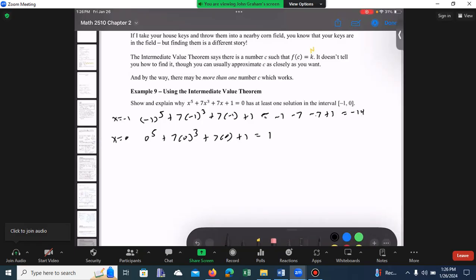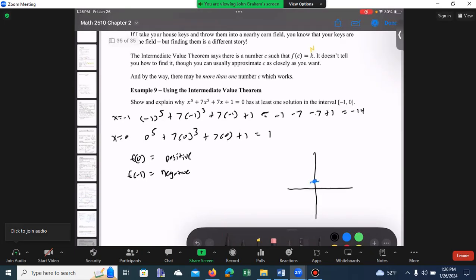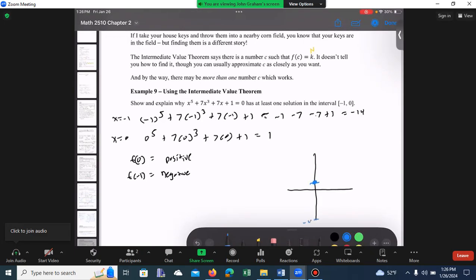So because f of 0 is positive, it's 1, and f of -1 is negative.